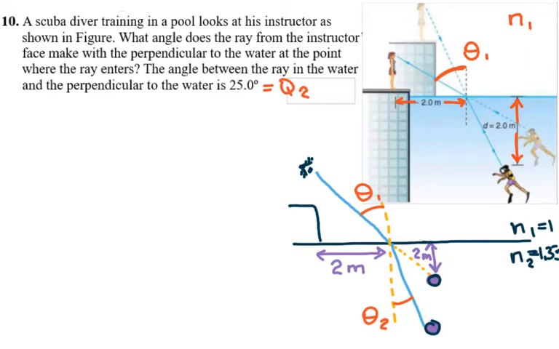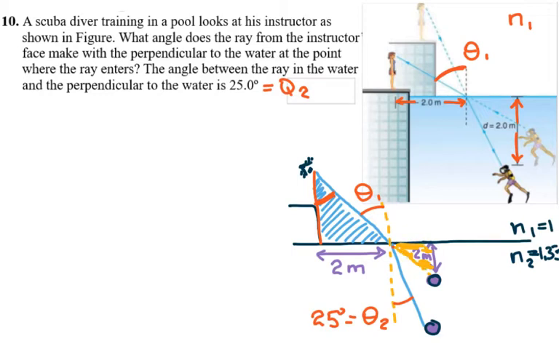Okay, so that is the information that is given. Again, I can use this information. I'm going to look at this triangle, and this is also theta, and I will look at the yellow triangle, the one where the scuba diver appears.